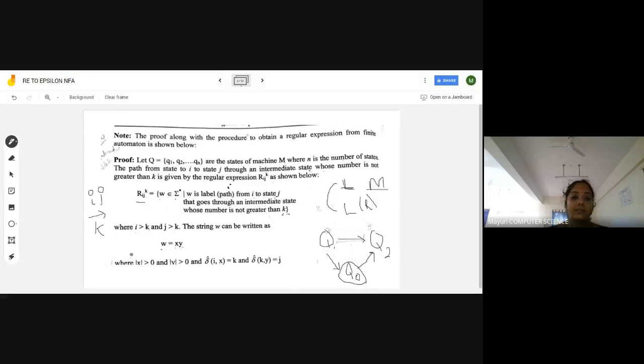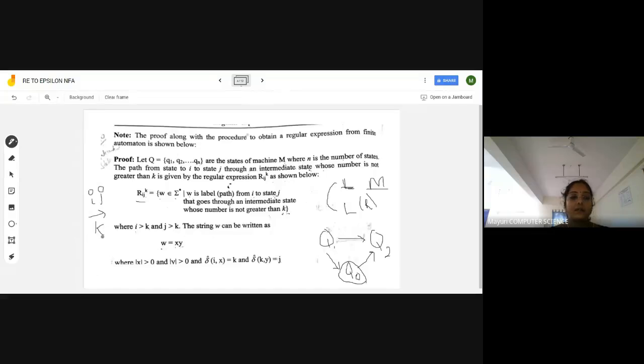So the regular expression for that can be represented in terms of, because we are starting from the finite automata and we have to end up with the regular expression. What we get from the finite automata is a number of states. I may directly reach my final state from the initial state, or else I may reach my final state from the initial state through n number of intermediate states.